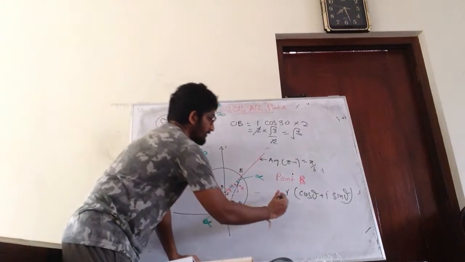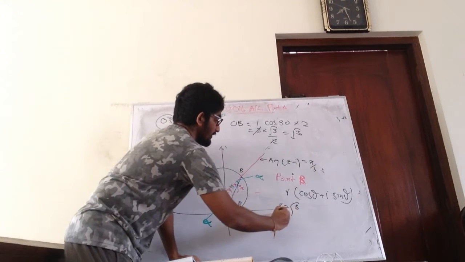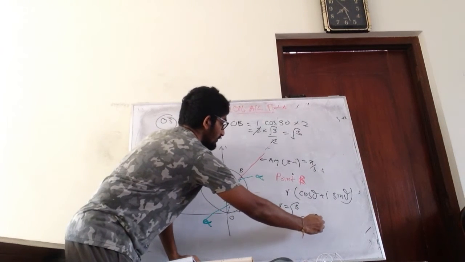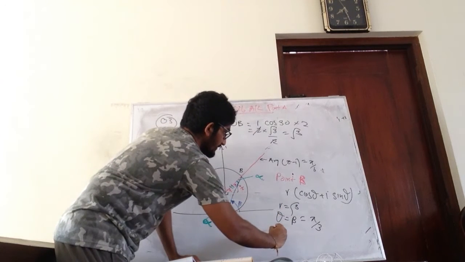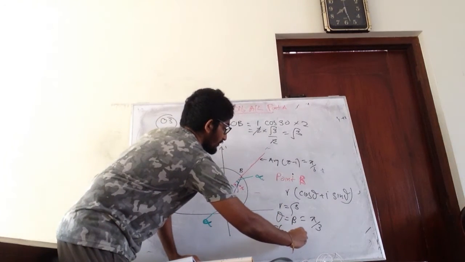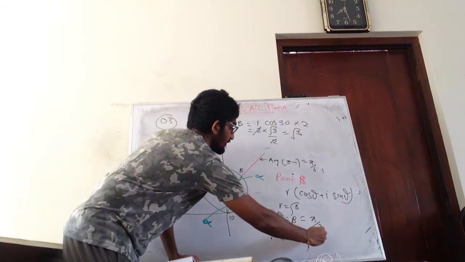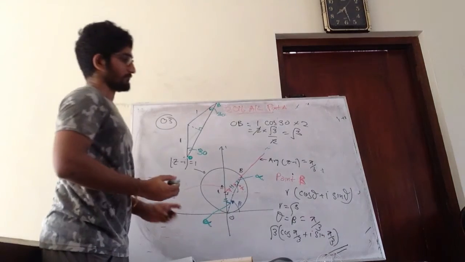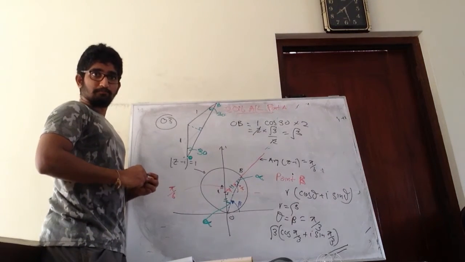Now R is square root 3, and theta, beta, is 5 over 3. So I can write this as square root 3 cos 5 over 3 plus i sin 5 over 3. Clear now?